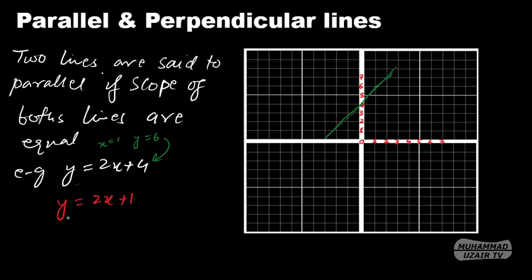For the second equation, the y-intercept is 1, so one point is this. Let x be equal to 1, so for x equal to 1, y will be equal to 3. So the second point will be this.